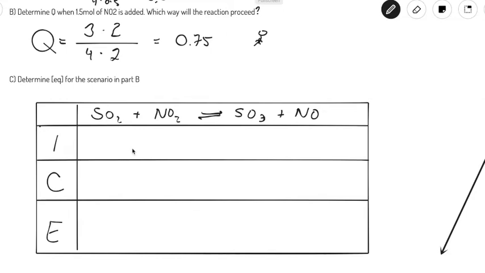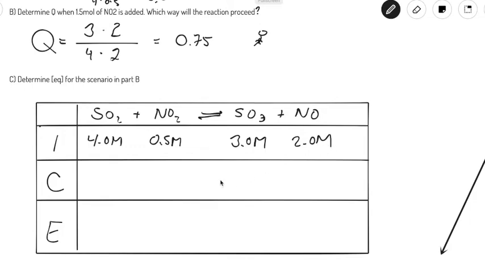Initially, we're told that we have 4.0 molar sulfur dioxide, 0.5 molar nitrogen dioxide, 3.0 molar sulfur trioxide, and 2.0 molar nitrogen monoxide.